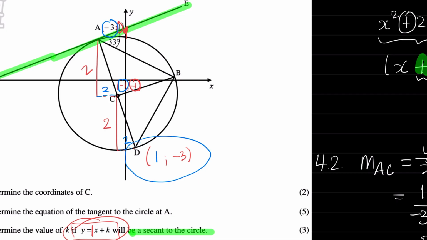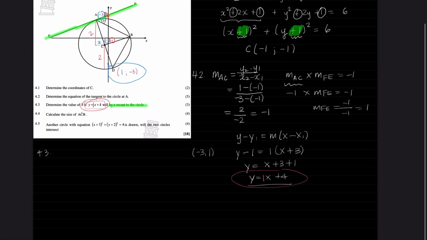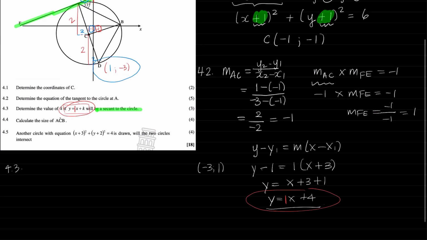Now that we know the coordinate, we can work out the equation. We'll say that y minus y1 is equal to m into x minus x1.